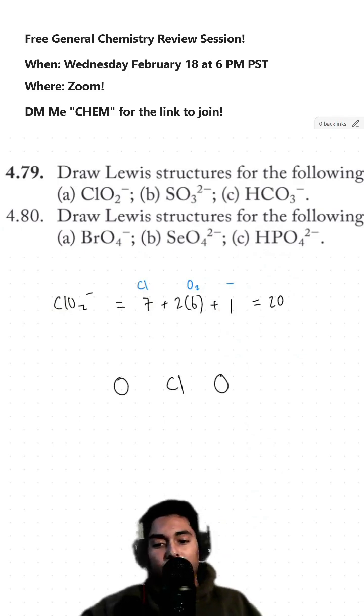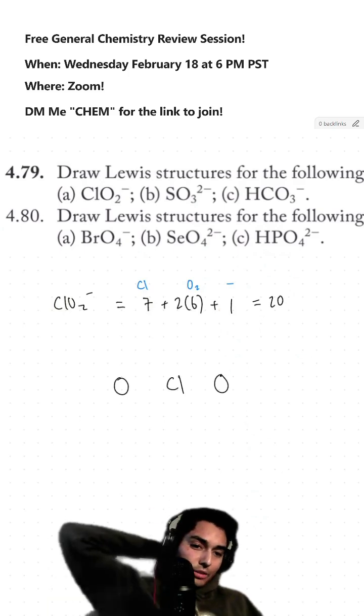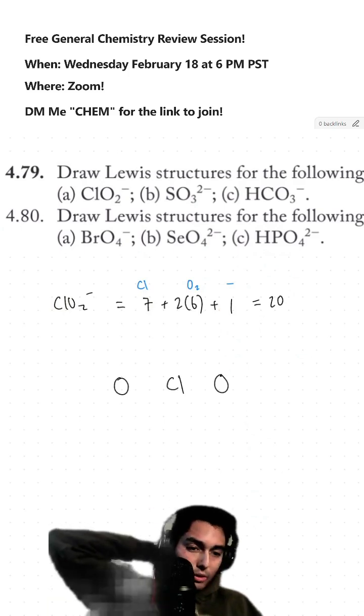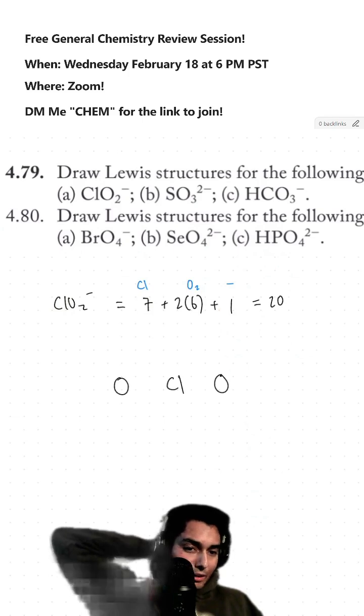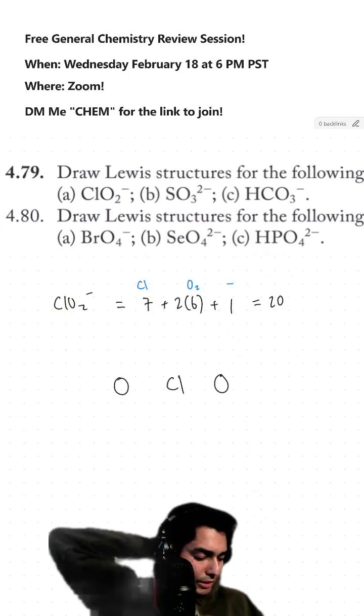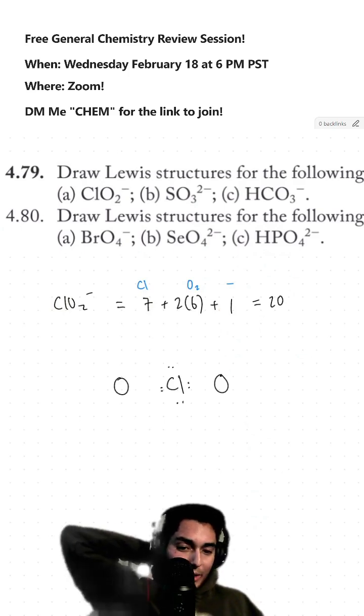Suppose I have 20 valence electrons, and this is going to be one of my exceptions, I believe. This is going to be my chlorite ion. For my chlorite ion, suppose that I give 1, 2, 3, 4, 5, 6, 7, 8, a complete octet for my Cl here. I have 8 electrons, 12 remaining.